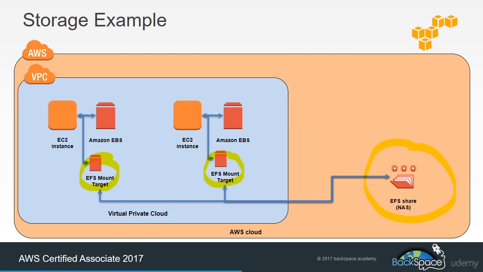And what that EFS mount target does, it allows the EC2 instance, that EC2 server, to mount that EFS share as though it was similar to an EBS volume, like it was block storage. And that's in a similar way that you would use a NAS or network attached storage on your network at home, for example. And so that is how we would use that for multiple EC2 instances to connect to the one device. We can also use the Amazon S3 service to achieve the same thing as well.